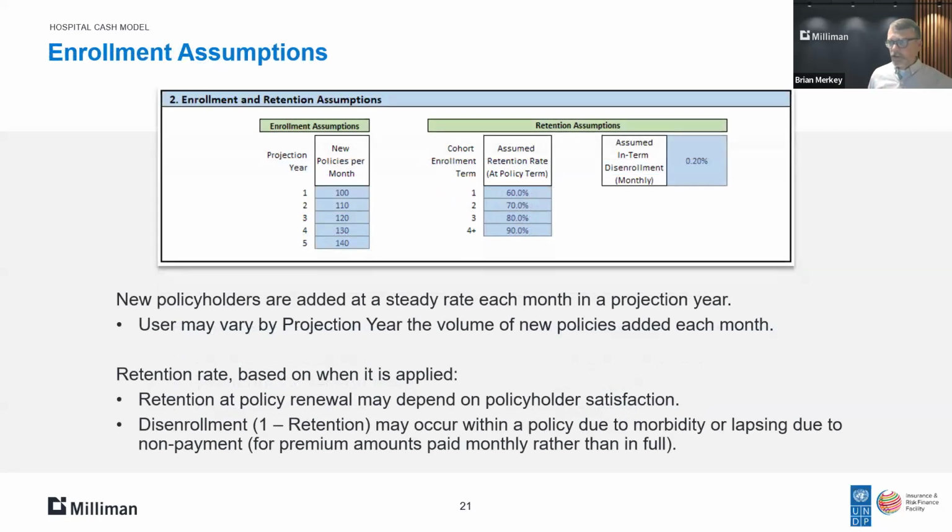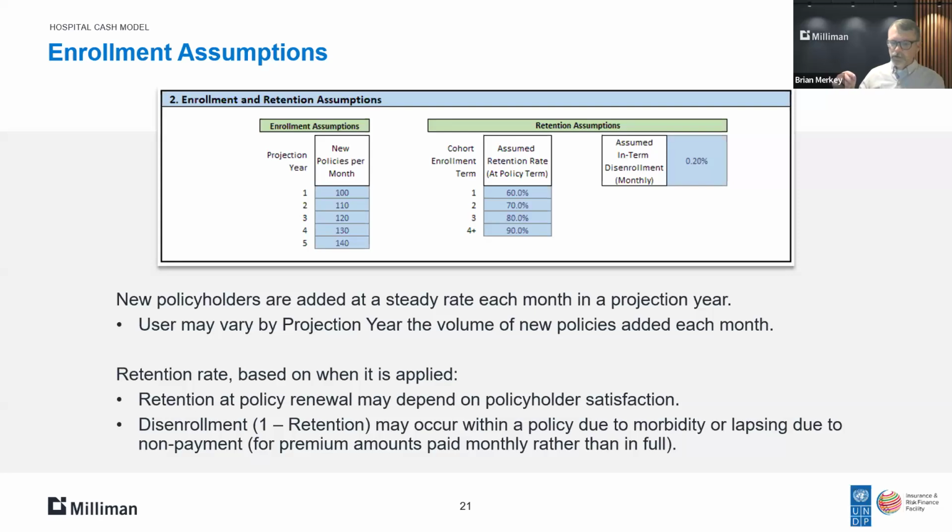After that, we move to enrollment and retention, and there's a lot of different ways one might project this. We chose to allow you to specify across a 5-year period new enrollments per month. So in this case, projection year 1, you put in 100 policies, and so every month 100 policies are added.